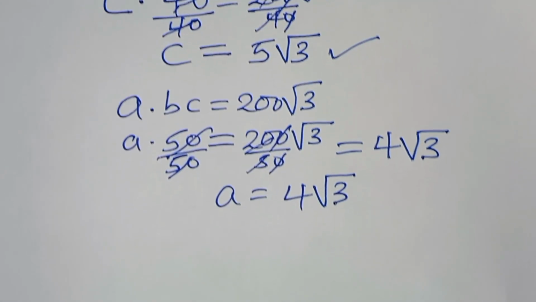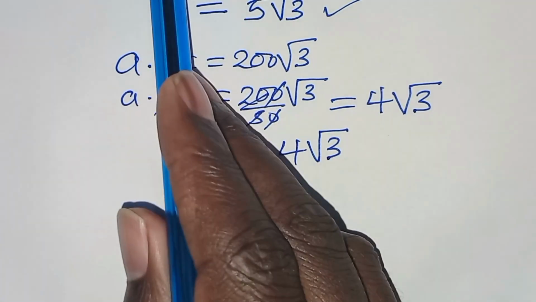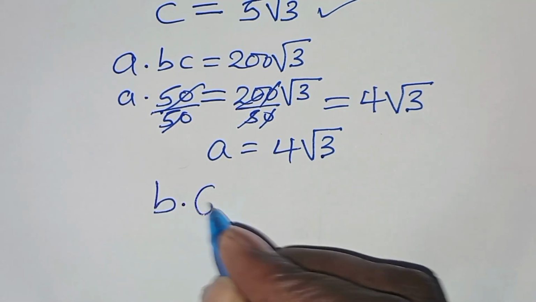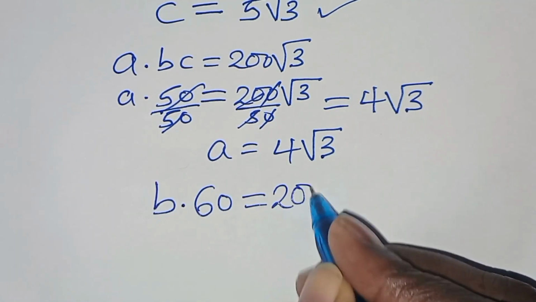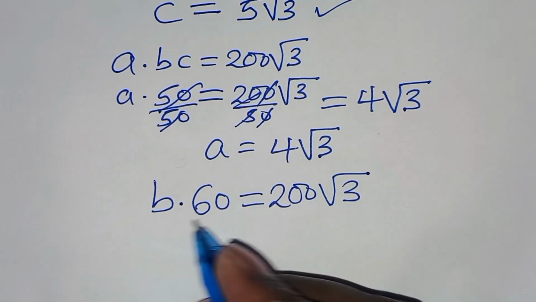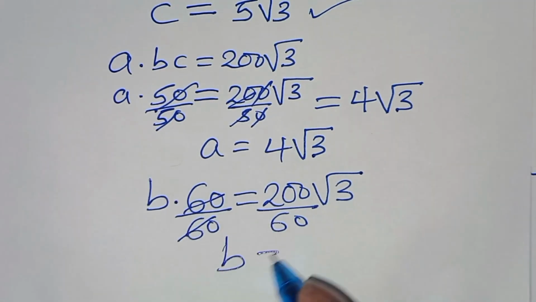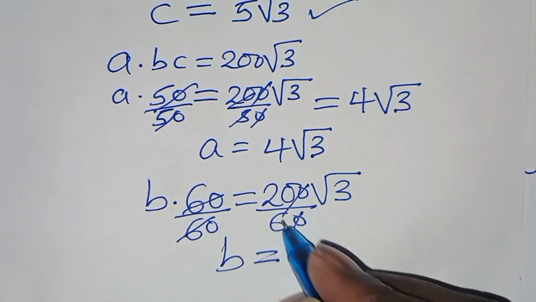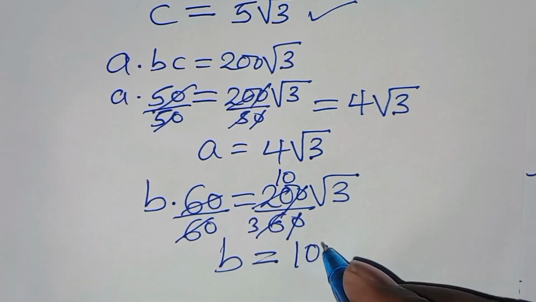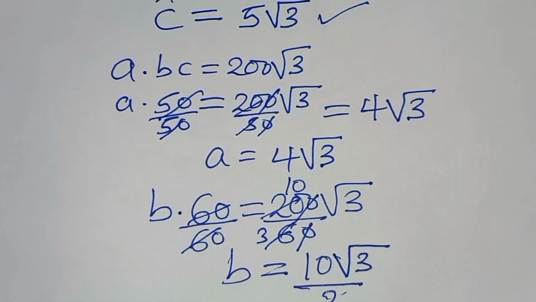So let's solve for B. Given that C times A is equal to 60, we'll have B times 60 equal to 200 square root of 3. Dividing both sides by 60, B is equal to 10 square root of 3 divided by 3.